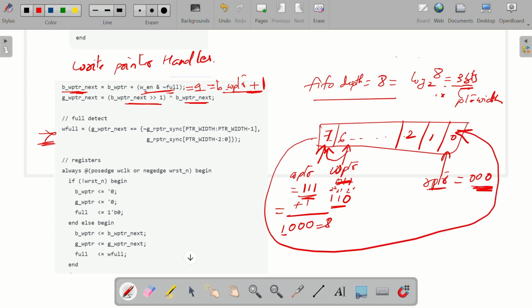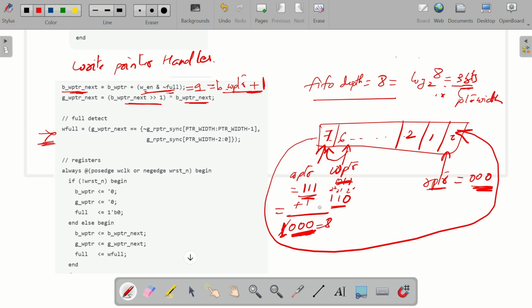If you ignore this MSB bit, the last 3 digits represent 000. Ignore this bit, so you get the location 000, which is nothing but the first location. So you're sort of wrapping around as soon as you reach the end of your FIFO depth.